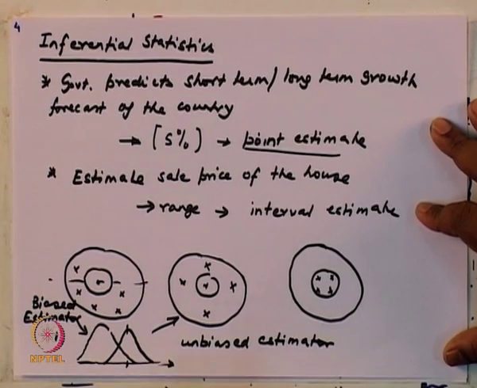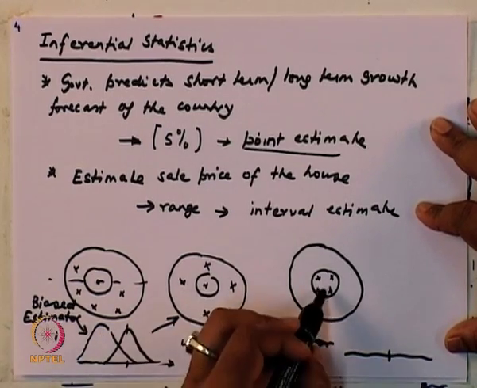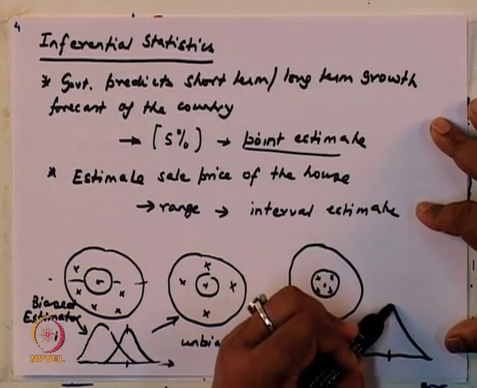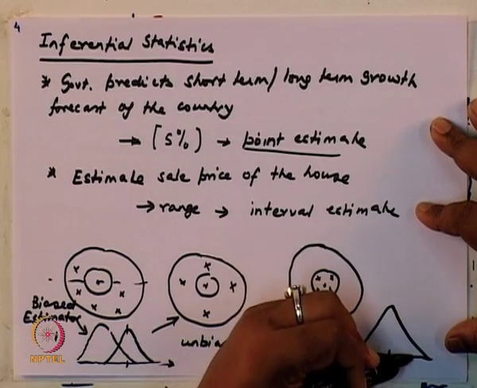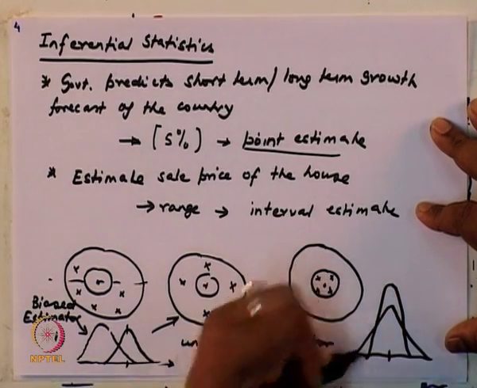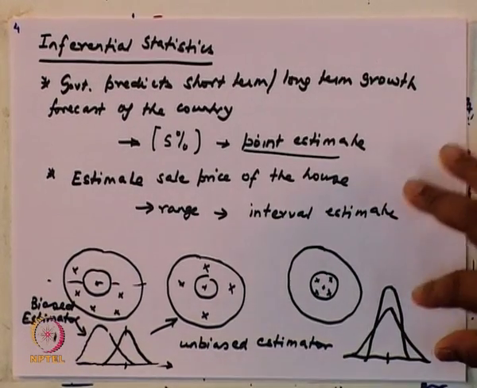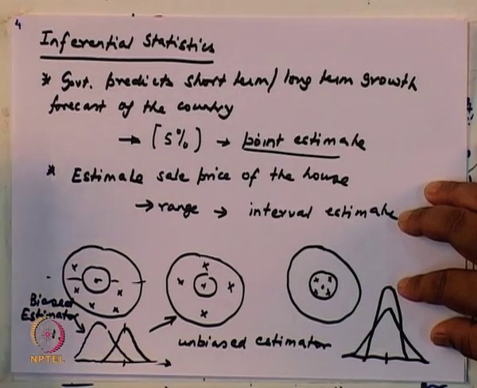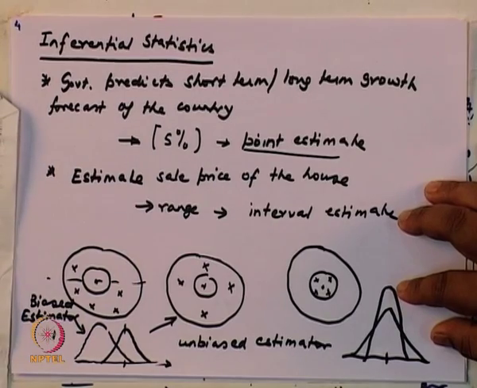Also, to compare between these two, for both of them the true value is the same, but one has this representation and the other has that representation. You can clearly see that in this case it is better, because the variance of this estimate is lesser.